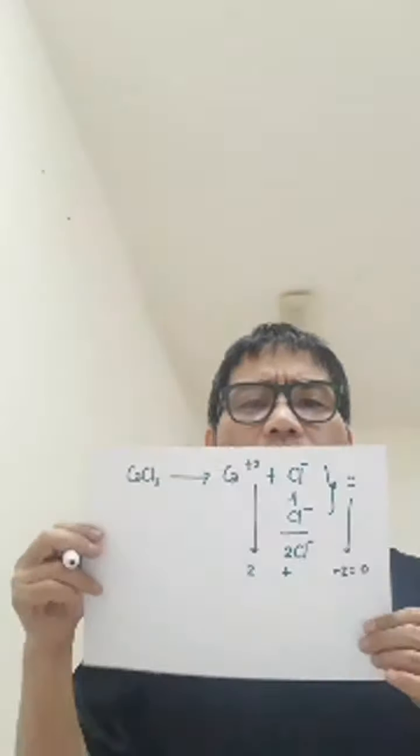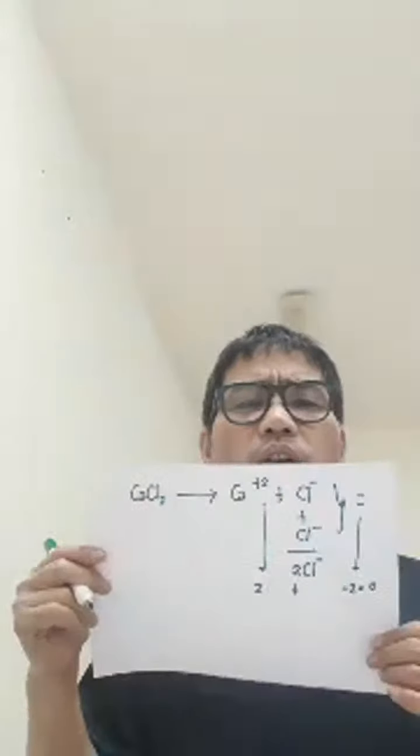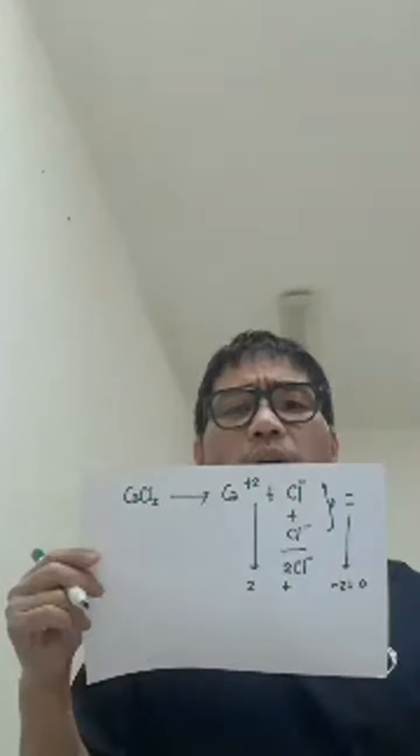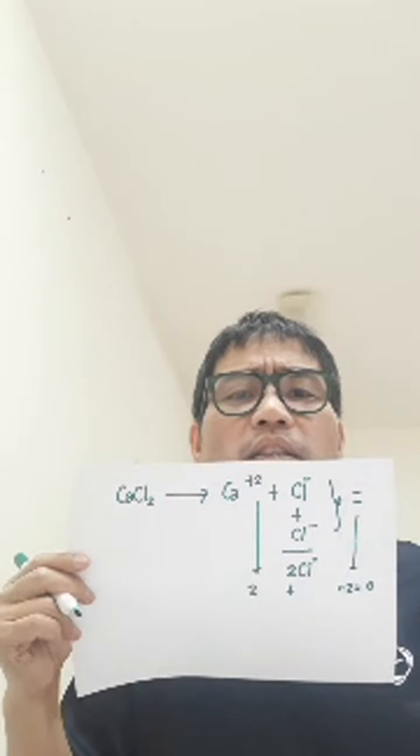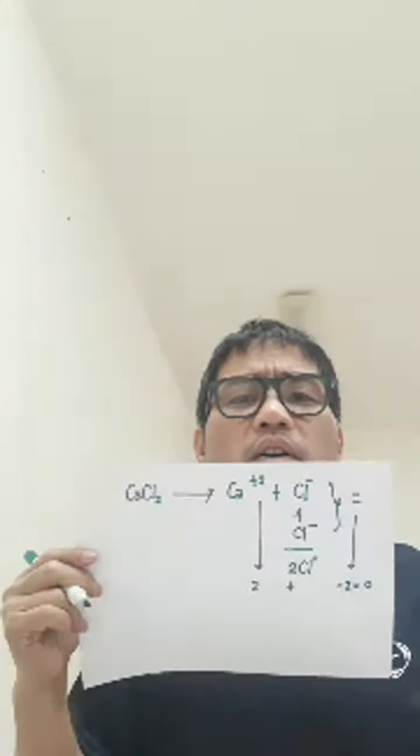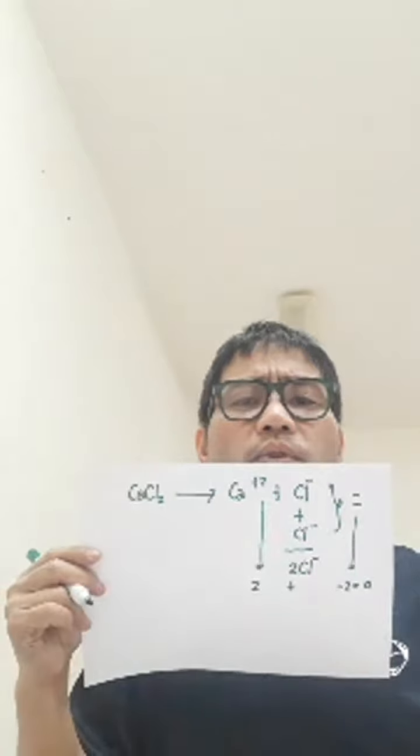So we have calcium positive 2 plus chloride negative 1, and we have to add one more chloride to balance the positive 2 charge of calcium.